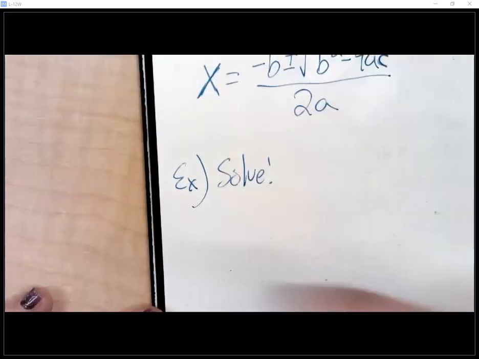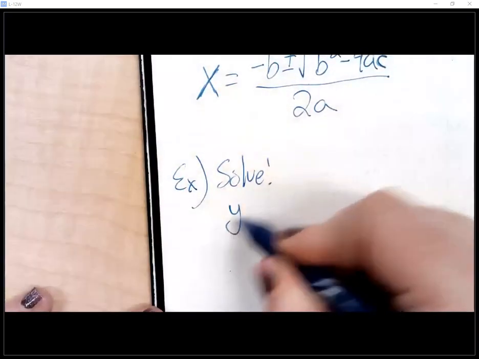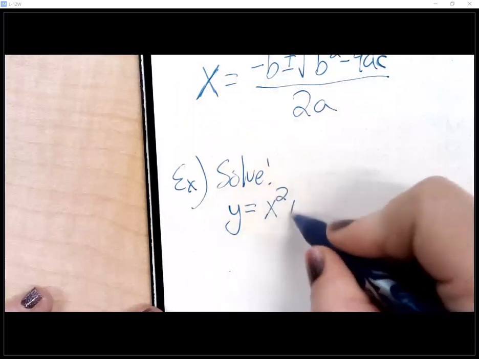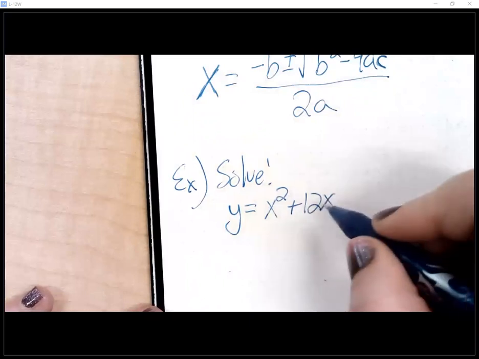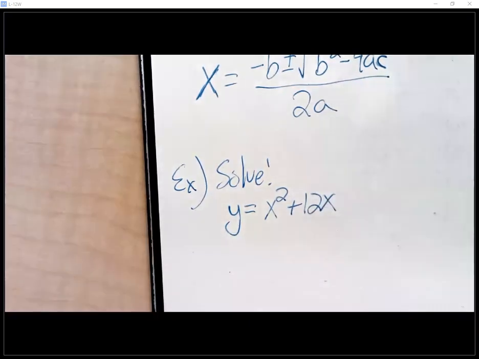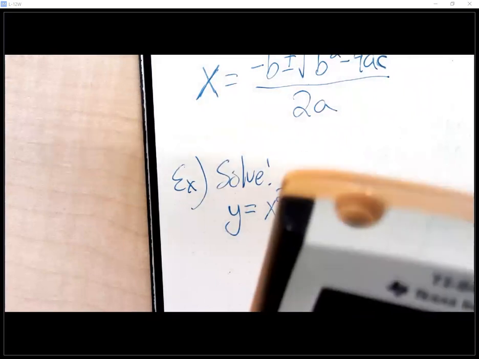Let's say I had y equals x squared plus 12x minus 64.